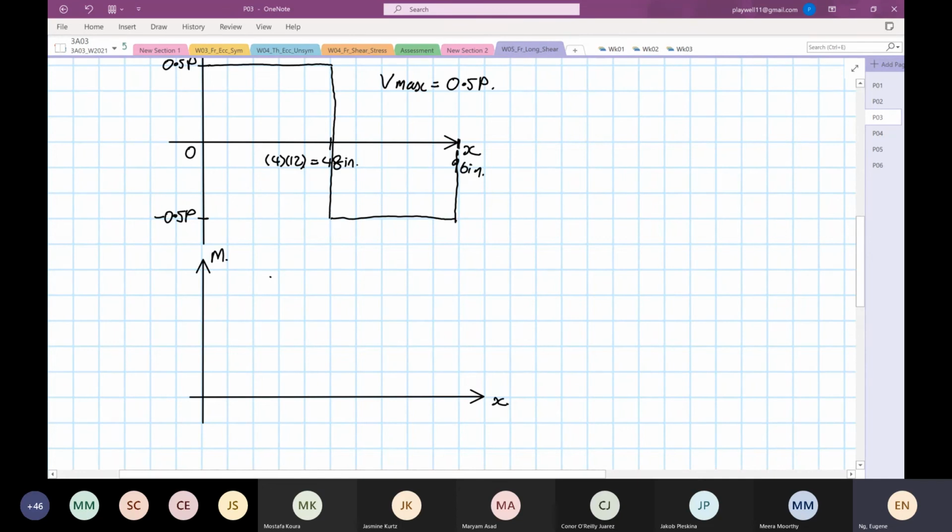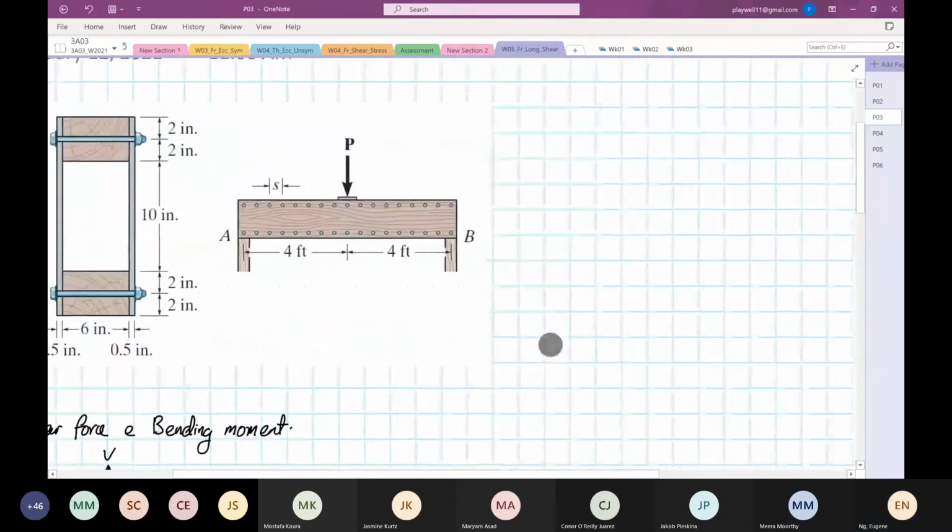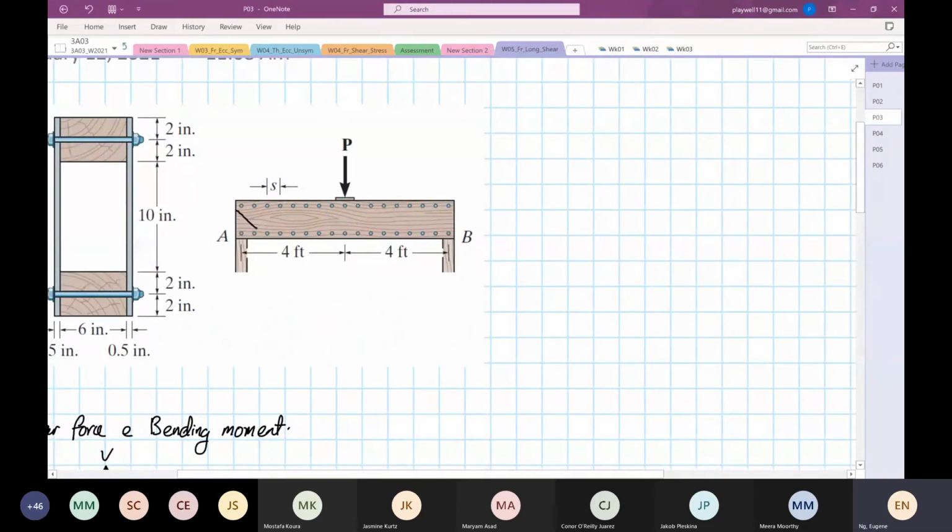So if I'm teaching this now myself, positive bending means, based on deformation, this is how the structure will deform. It's going to be a smiling face deformation. Negative deformation is going to be a sad face deformation. So if we look at the structure now, our structure will deform this way, exaggerated, right?